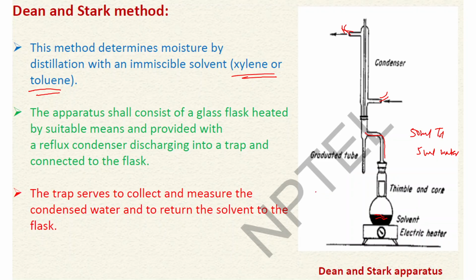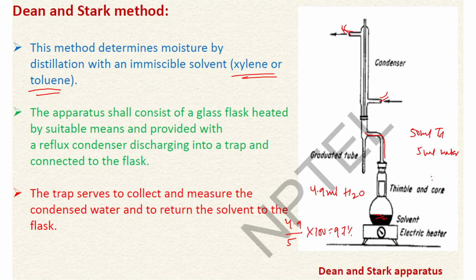Suppose after some time, after the complete distillation of this sample, we get 4.85 ml of water. So we can say the efficiency of this machine is 4.85 by 5 into 100, which is basically, suppose, 97%.